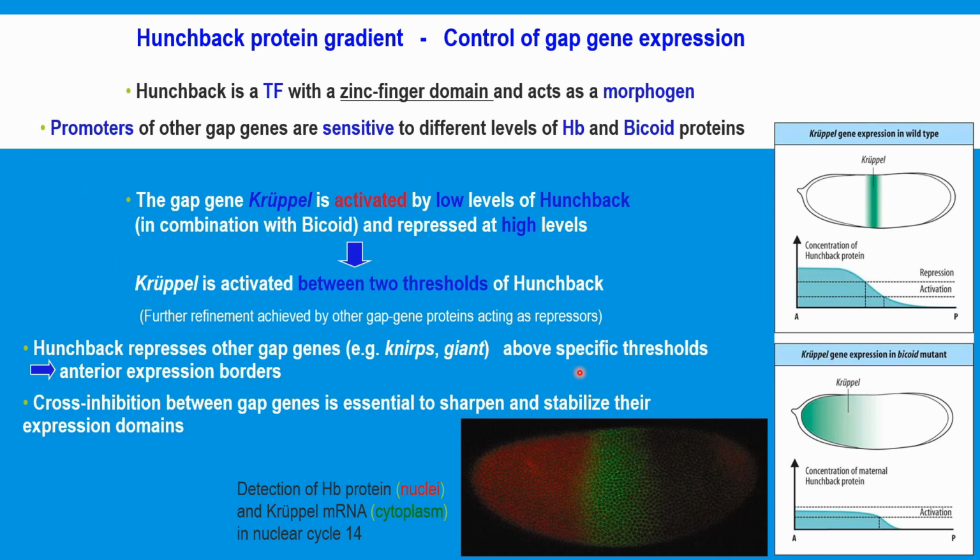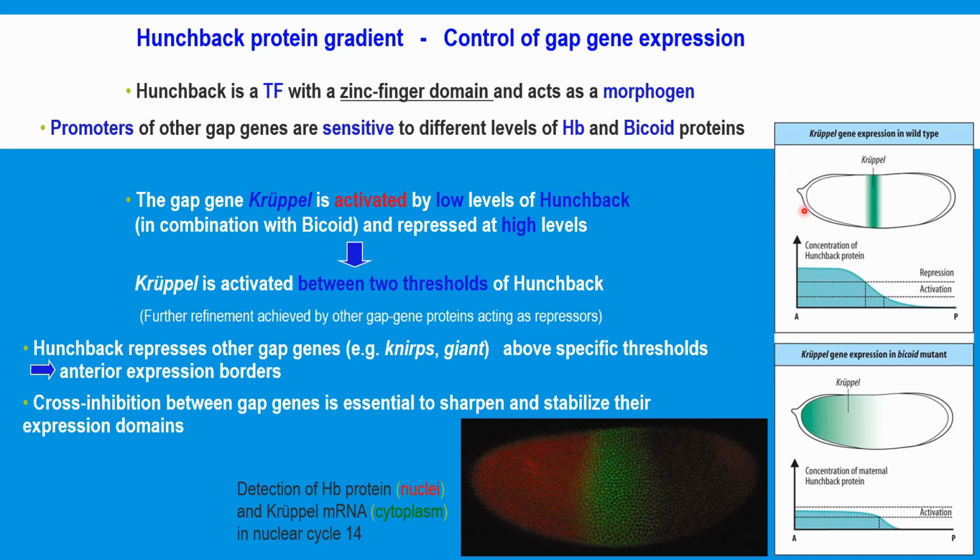For now, let's look at another gap gene, Krüppel, and Krüppel is activated by low levels of hunchback in the presence of bicoid, but it is repressed at high levels of hunchback. So in a way, it's activated between two thresholds of hunchback. This is shown here.